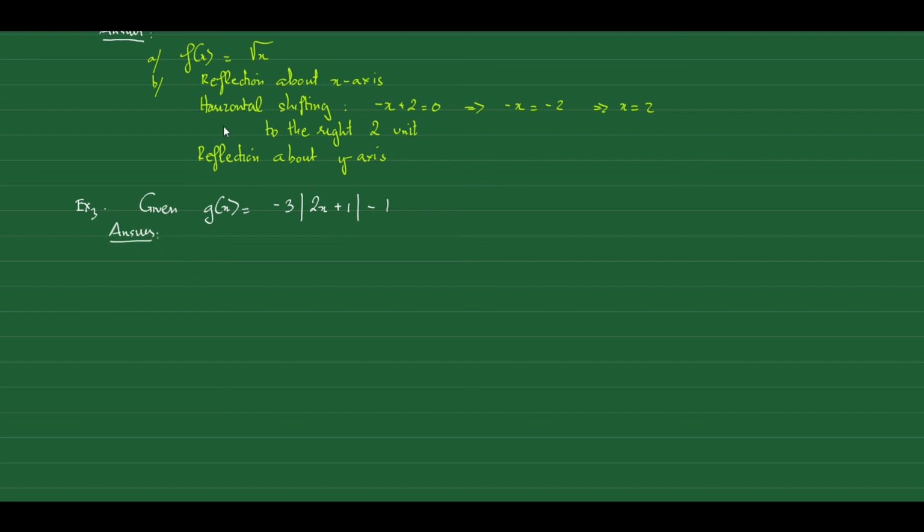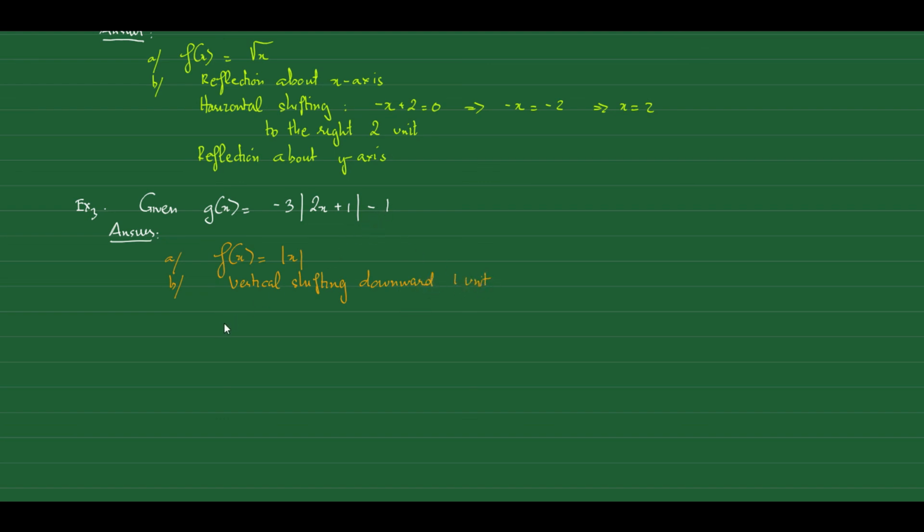Same thing, try to recognize the parent function. The parent function is easy to see, which is absolute value of x, but we have vertical shifting downward 1 unit.